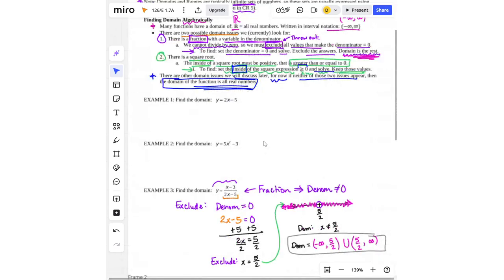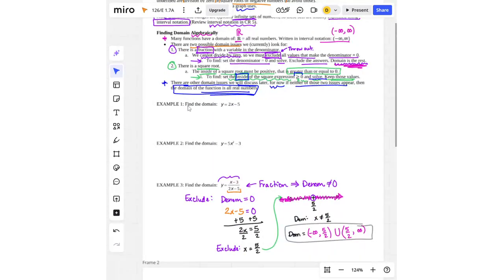So example 1 is to find the domain of this expression. So when I'm told to find the domain, I'm going to look at this and ask myself, am I dividing, so creating a fraction? Am I taking the square root? And so when you see this, no fractions with variable denominator, and no square roots.